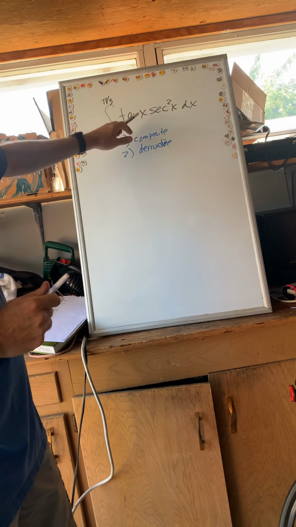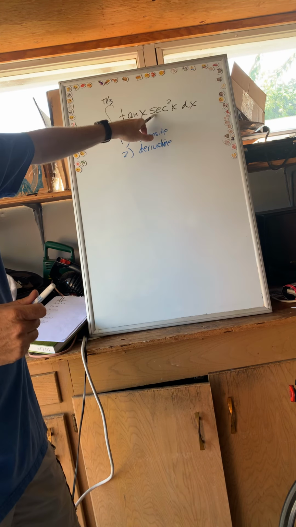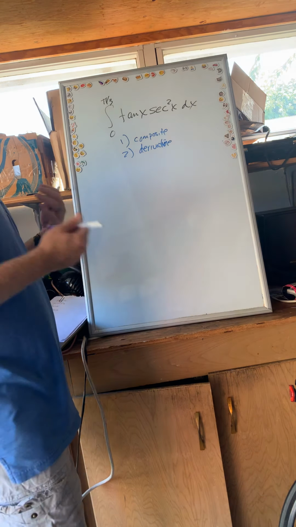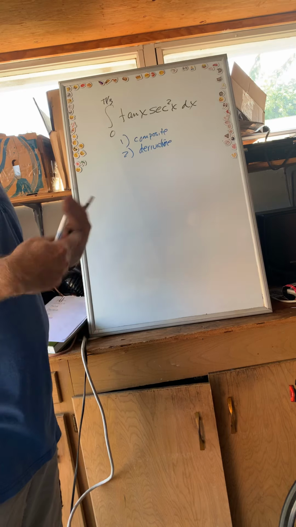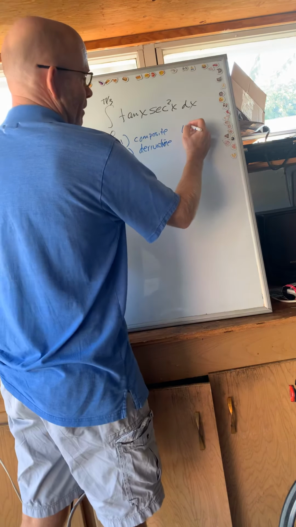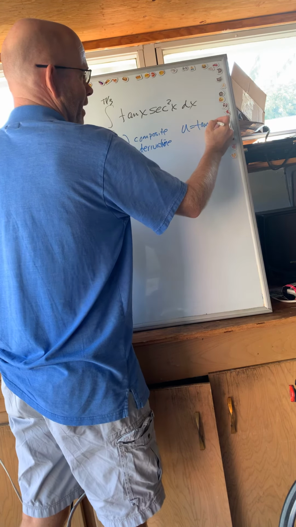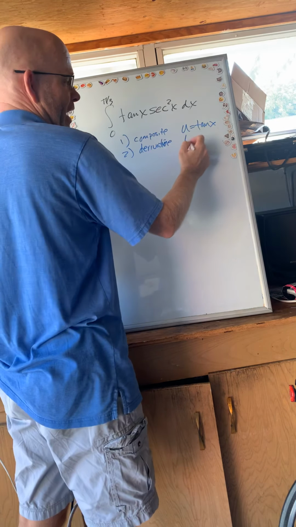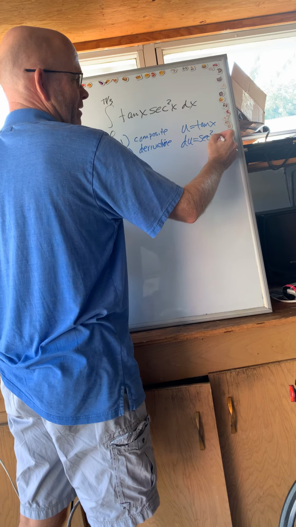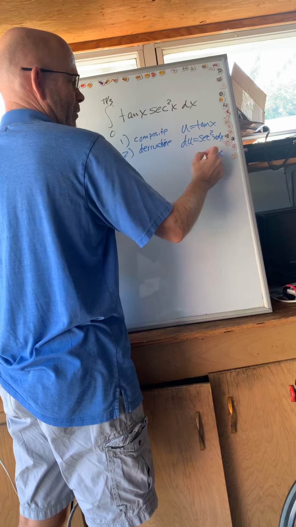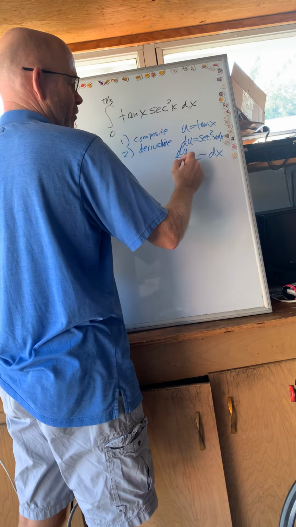So notice the derivative of tangent is secant squared. So that's actually an advantage to us. We could try to simplify this, and it might simplify nicely, it might not. But if I just make u equal to tangent, because secant squared is the derivative, now my du is secant squared x dx, which means my dx is du over secant squared x.